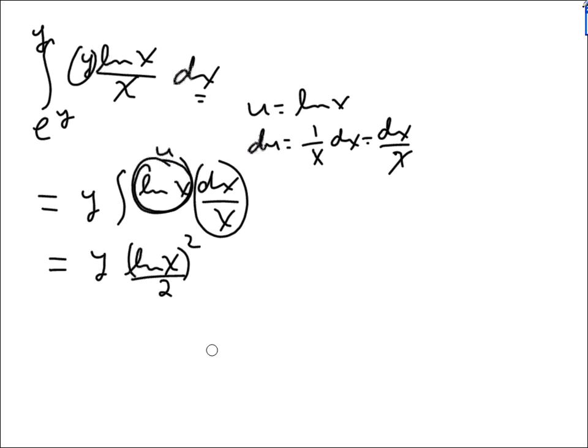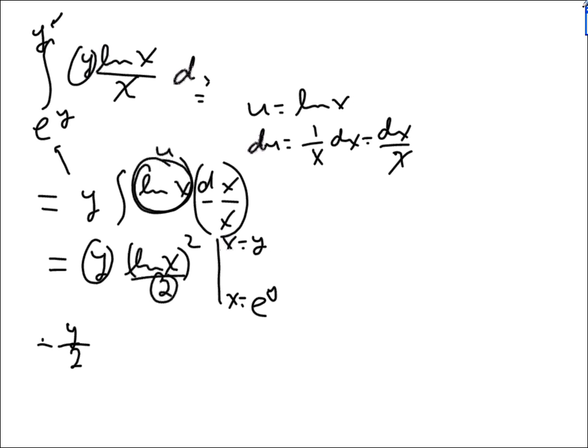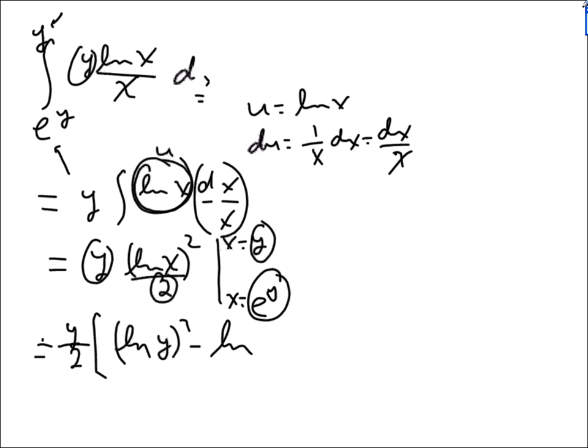Now remember, since that's x, those are x values. X goes from e to the y to y. So y over 2 is a constant. Let's factor it out. Then I get ln of y all squared minus ln of e to the y all squared.